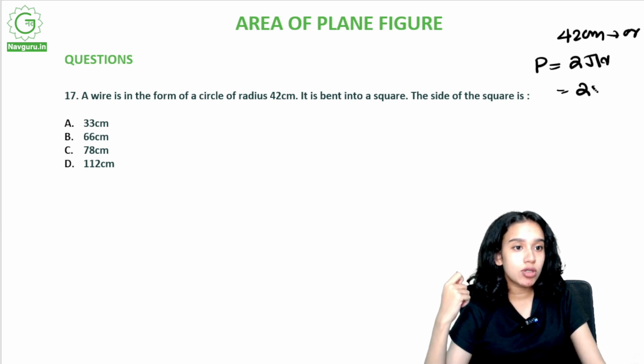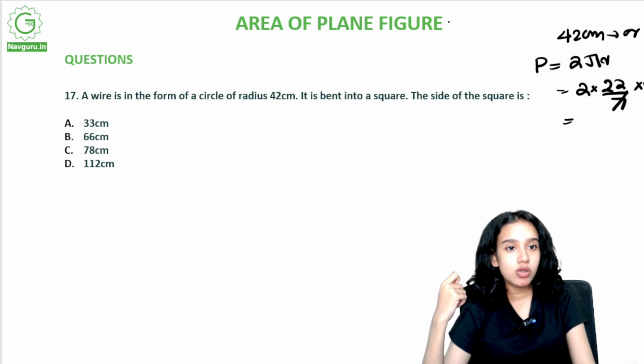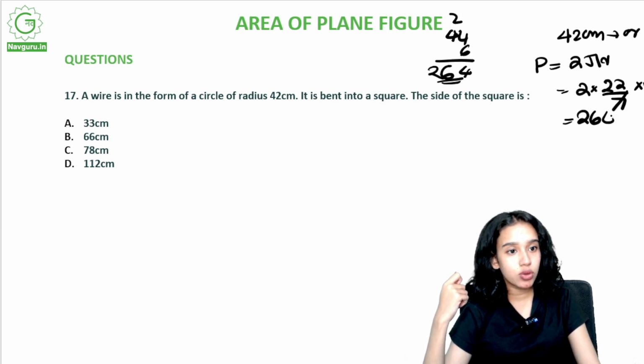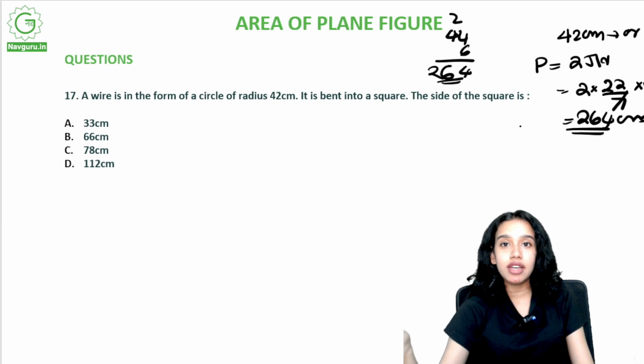So that is equal to 2 into 22 by 7 into r, which is 42. We know that 6 sevens are 42. So we have 44 into 6. 6 fours are 24, plus 2 is 26. 264, right? So 264 centimeter is the perimeter, or the length of wire we have.